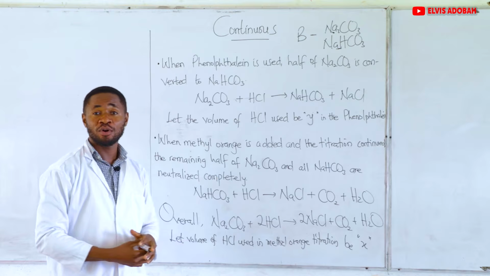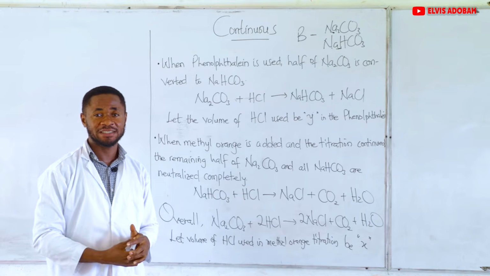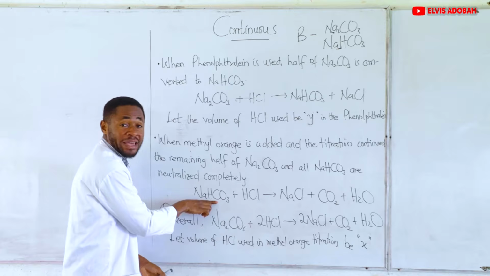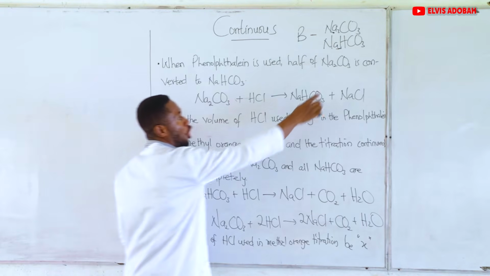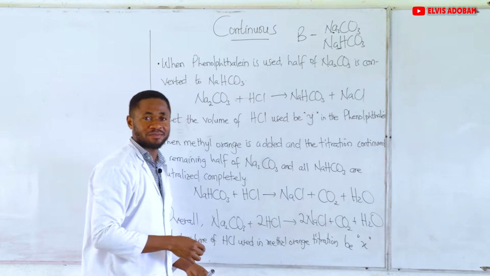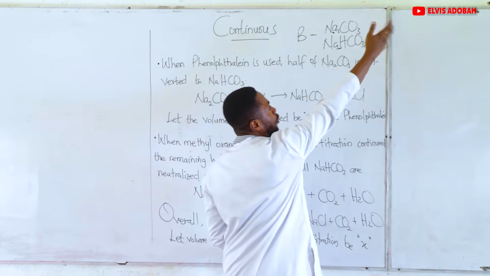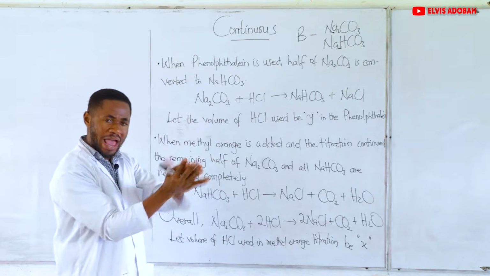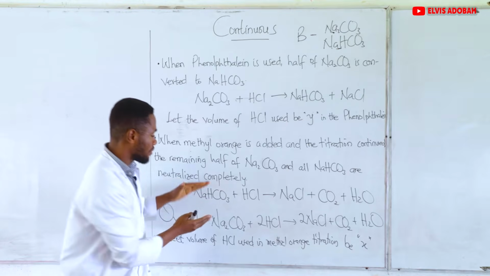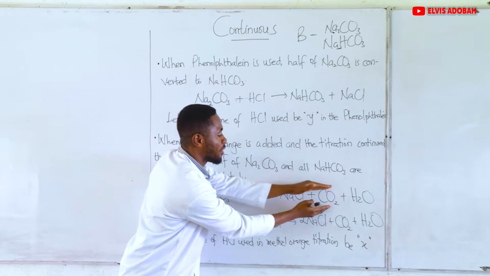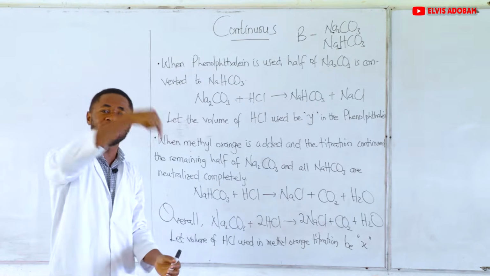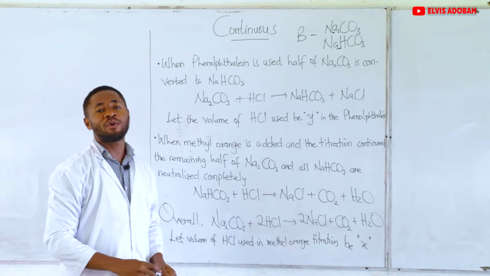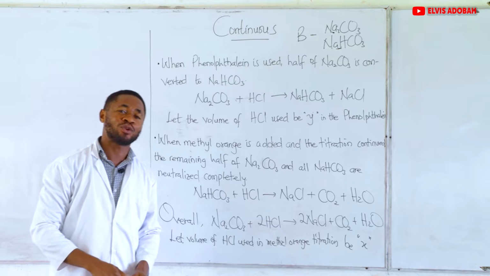That is the job methyl orange did. One of the jobs methyl orange did was to take the sodium bicarbonate that was already present and the half that was created from sodium carbonate, add all of them, then convert them to sodium chloride, carbon dioxide, and water. It later came to deal with the remaining sodium carbonate and converted it to carbon dioxide, water, and sodium chloride as well.